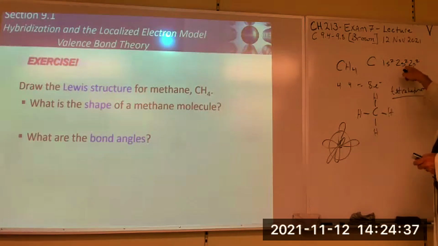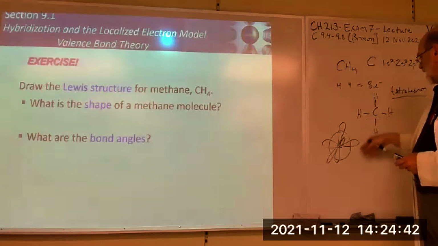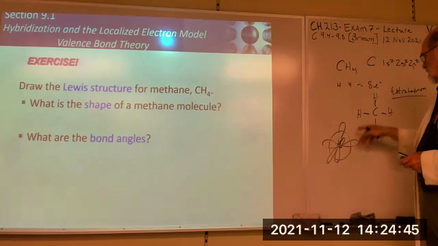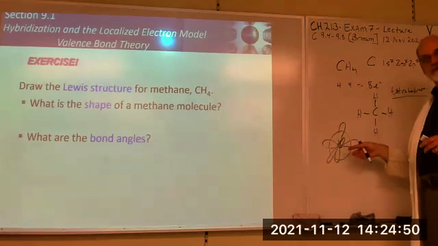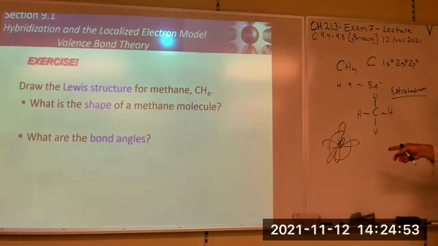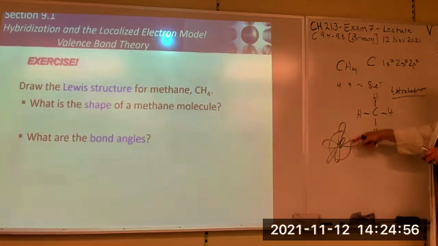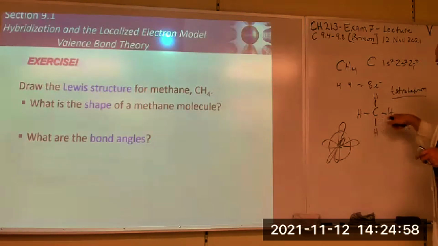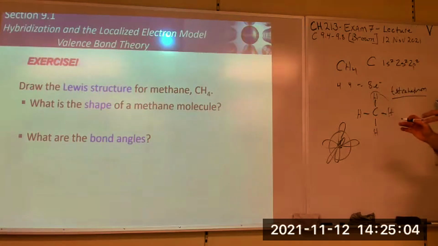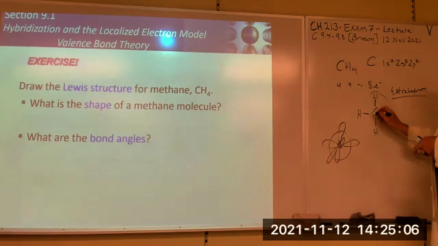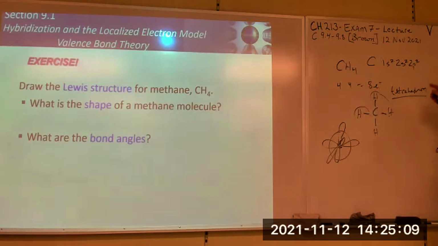If you take the s orbital and form a bond with the hydrogens, and then you take the p orbitals and form a bond with the other 2 hydrogens, you don't have equal bonds, because the s and s overlap for these 2 hydrogens is one orientation, and the s and p overlap for these 2 would be a different orientation. So the bond angles and bond strength should not be the same, but they are.